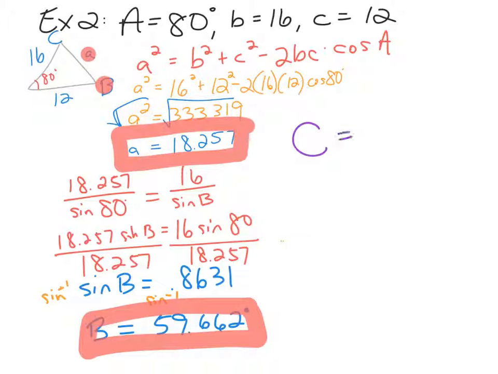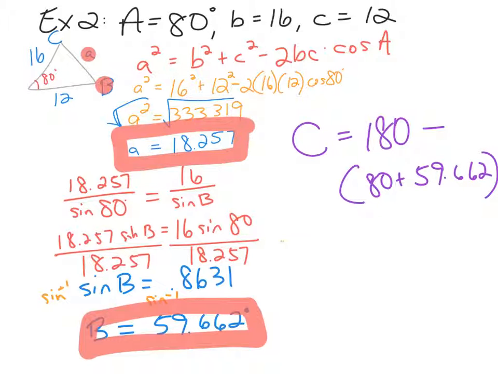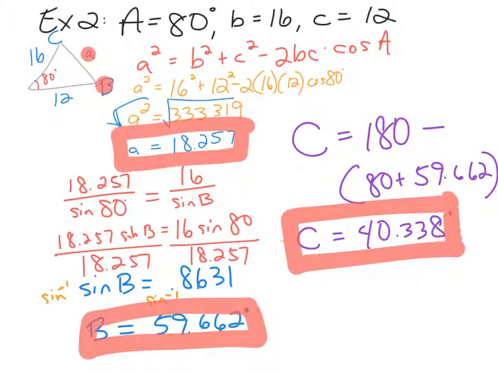So angle C is going to equal 180 degrees minus 80 minus 59.662, so angle C comes out to 40.338 degrees. And now we have all three of the values that we needed to find.